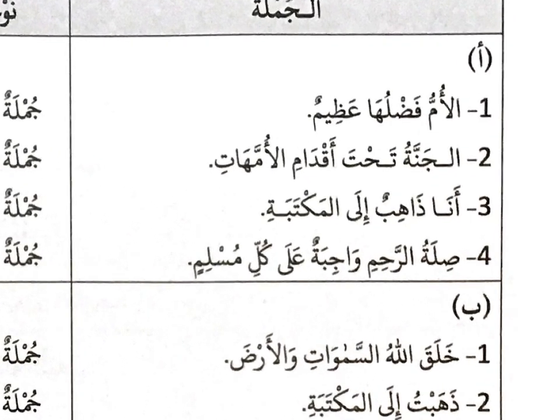Al-jumlatul ula, the first sentence: al-ummu fadluha azimun. Al-ummu means the mother. Fadluha, her good deeds or her kindness, azimun, is great. The mother, her kindness is great.